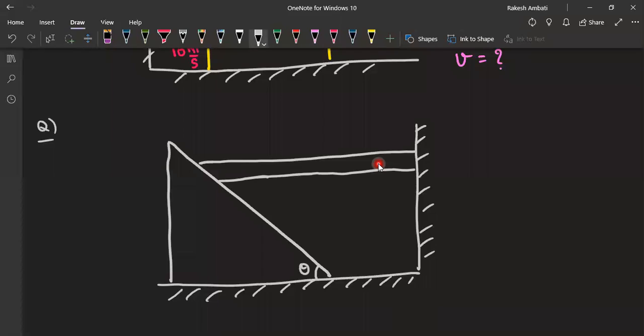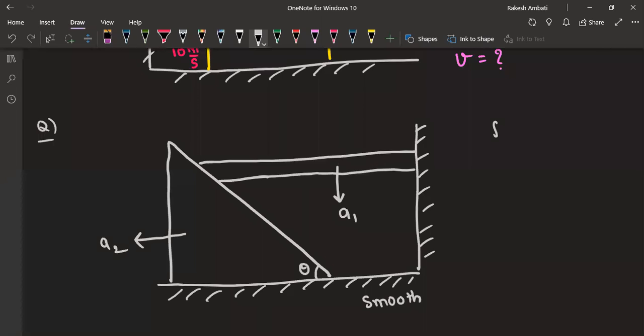And in the question, this rod is moving downwards with acceleration a1. It is a smooth surface. So when the rod is moving downwards, this triangular wedge will move leftwards with acceleration a2.